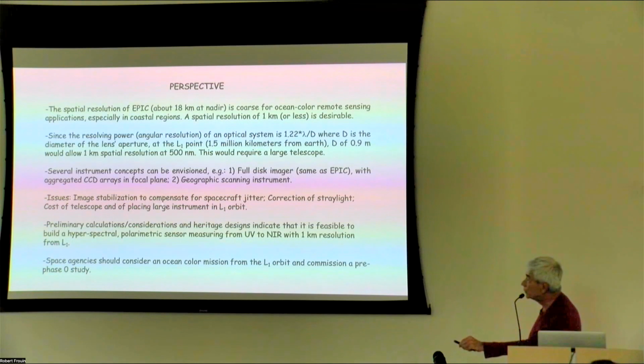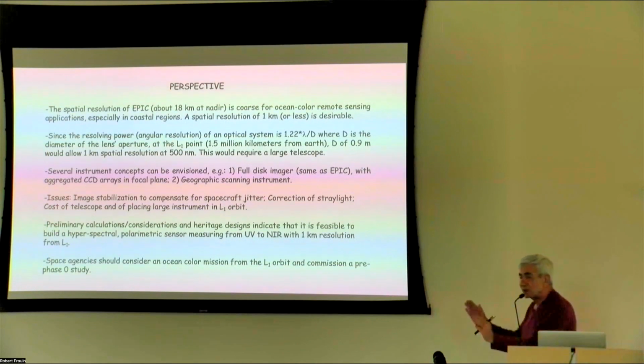So these are the issues, but if you look at preliminary calculations, considerations and heritage designs, you see that it's really feasible to build a hyperspectral polarimetric sensor measuring from UV to near-infrared with 1 kilometer resolution from L1. Right? And I think the space agency should really consider such a mission from the L1 orbit and start some pre-phase A studies.